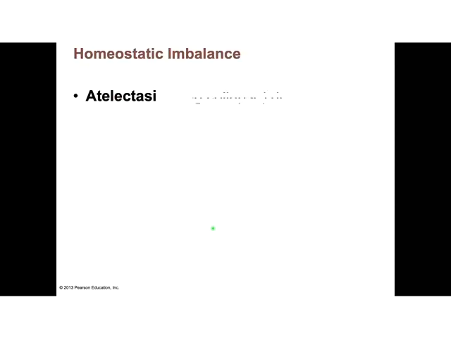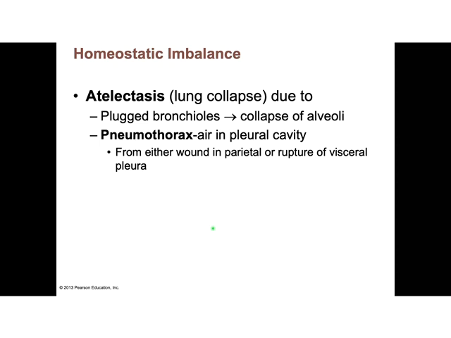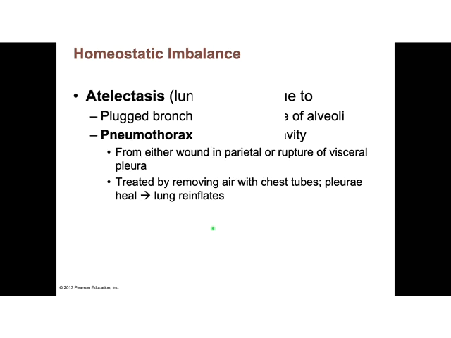Okay? Atelectasis or lung collapse is due to the accumulation of fluid or air in the chest cavity. Pneumothorax is air in the chest cavity. Hemothorax is blood in the chest cavity. And this can result from a penetrating wound, or it can result from rupture of the lungs from the inside out.